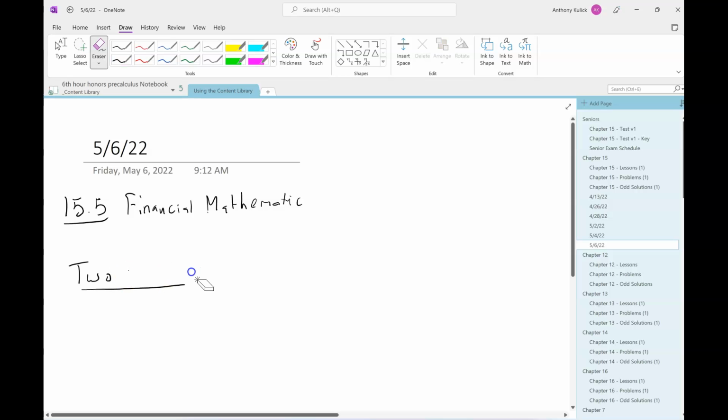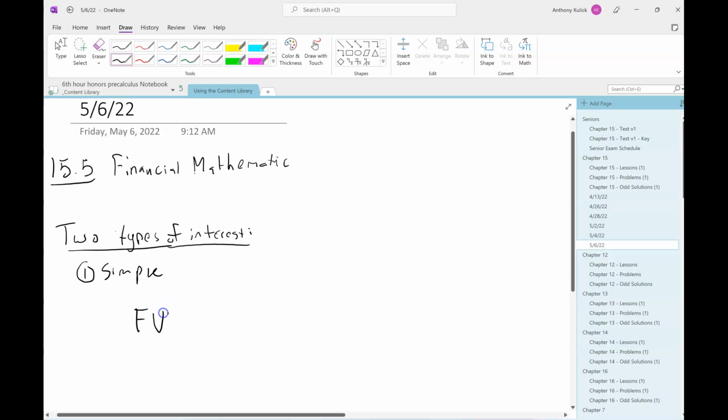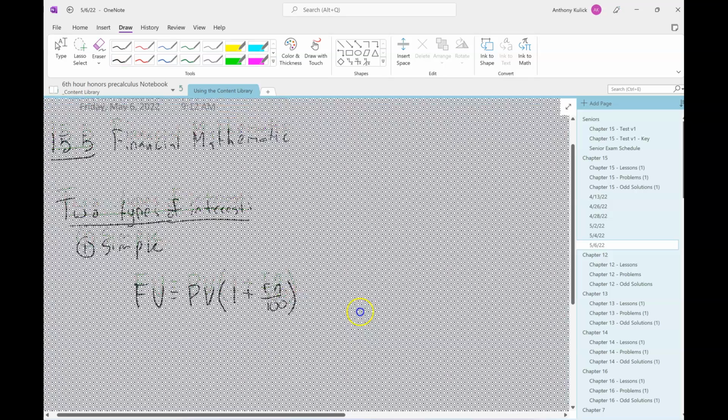So there's really two types of interest. The first type is simple interest. In simple interest, the interest is only paid according to the principal, the initial investment.